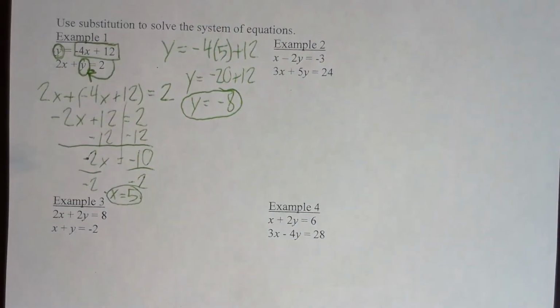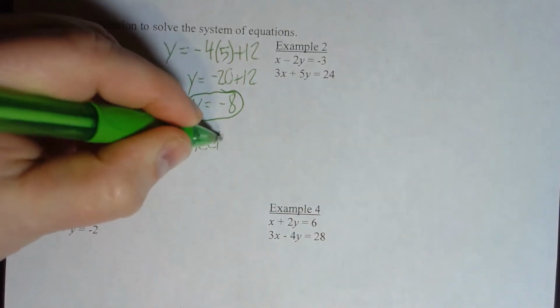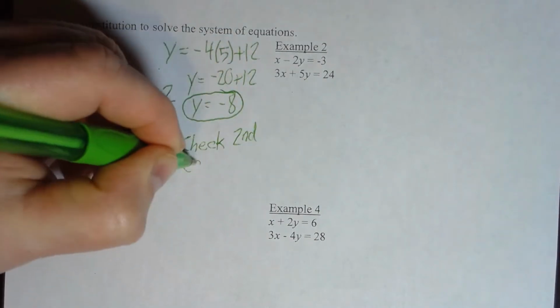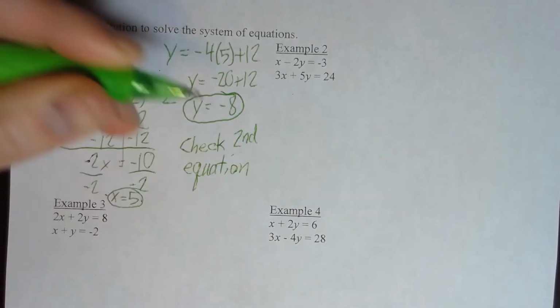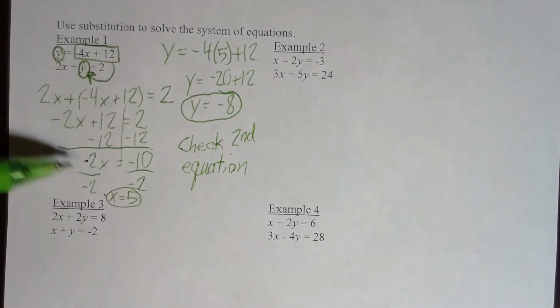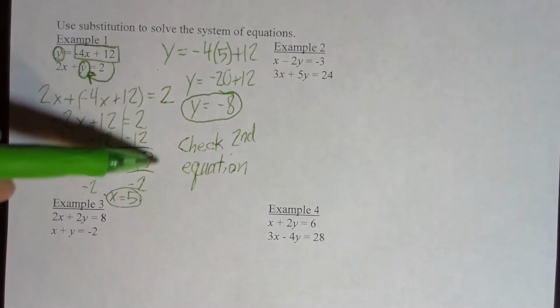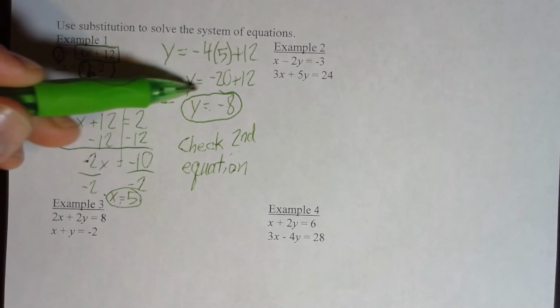Now, one thing that I am going to do every time is check the second equation, because I could have made a mistake here. If I did make a mistake here, I'm always going to get a solution that's going to work for this first equation.